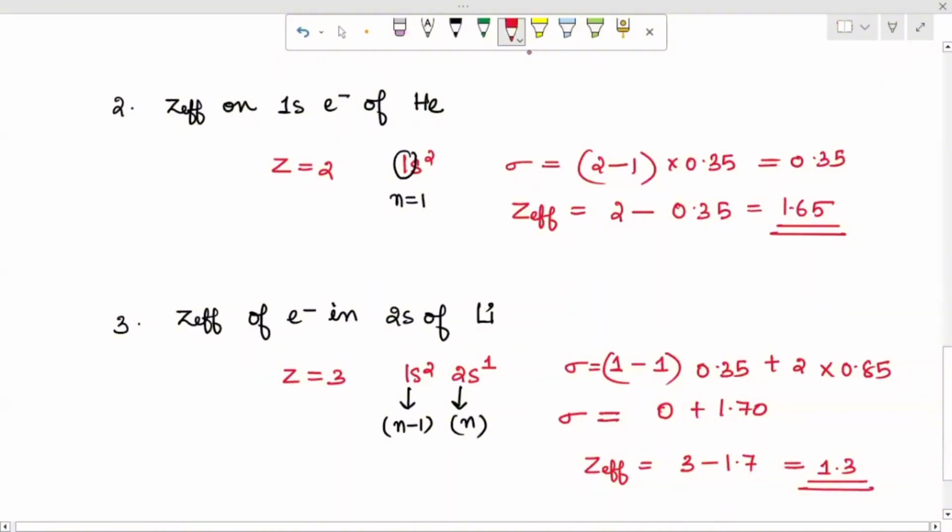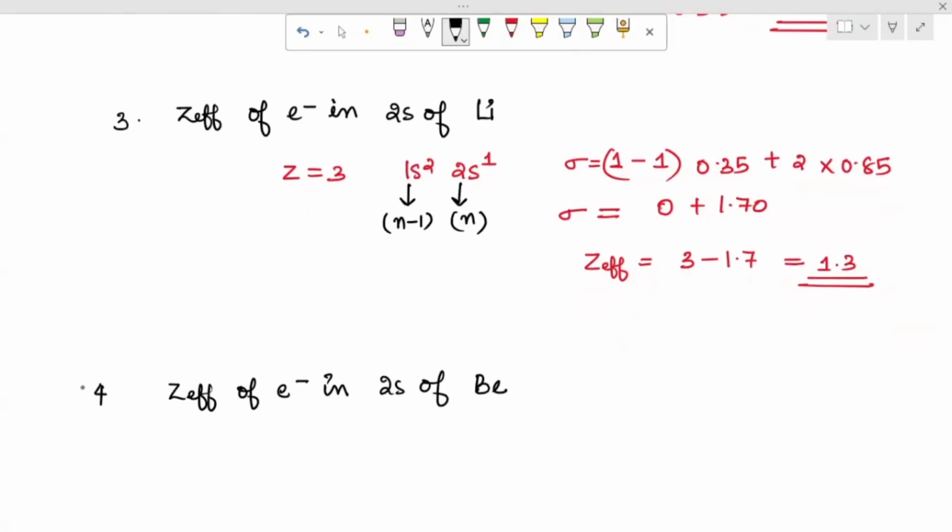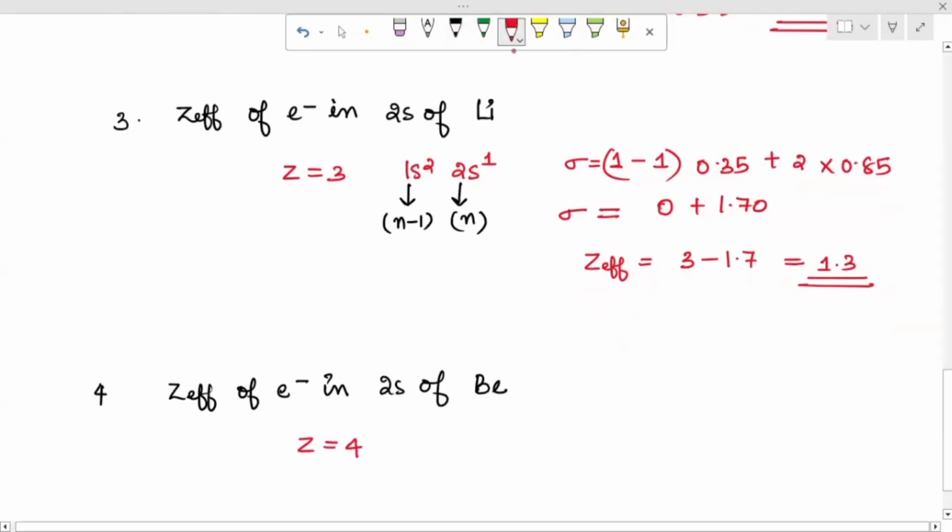I hope you get it. Try beryllium. Z effective of the electron in 2s of beryllium. Beryllium has Z equal to 4. The configuration is 1s2, 2s2. Now identify the value of n. This is n and this is n minus 1.